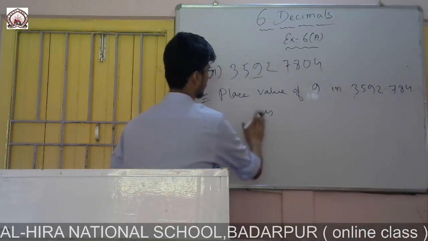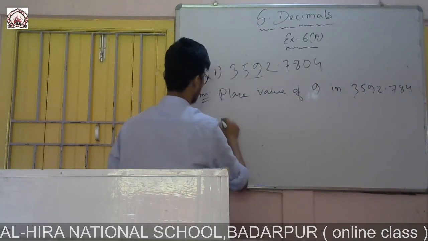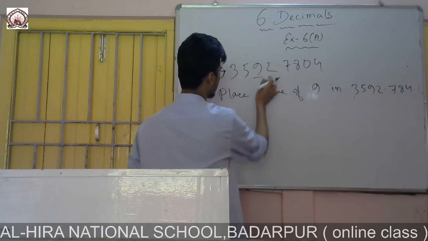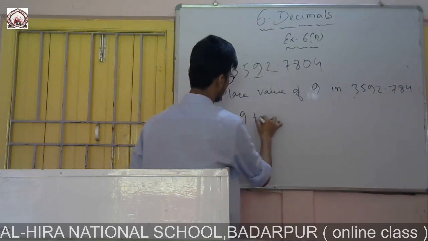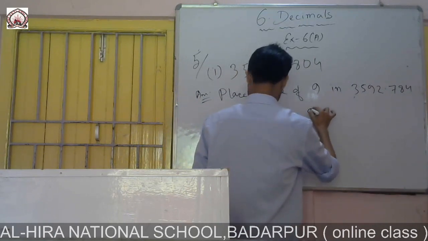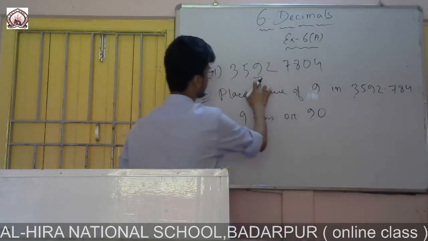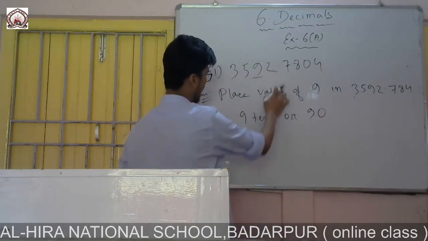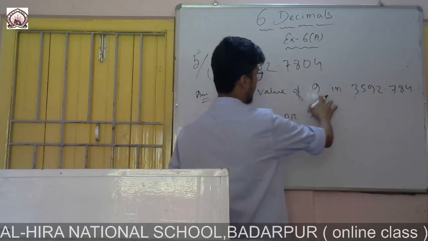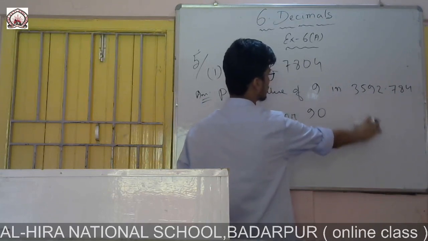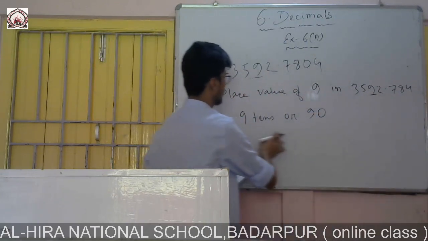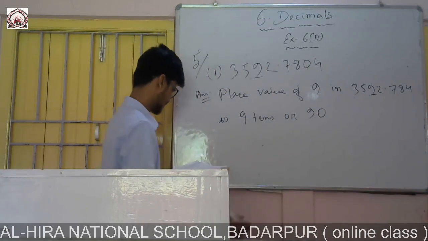The 9 is in tens place, so the place value of 9 is 90. Place value of 9 is 90, you can write.